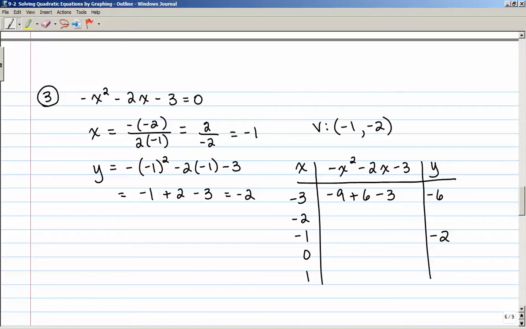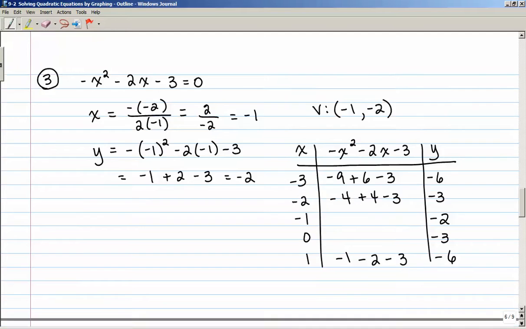Plugging in negative 2. Square it first, that gives me a positive 4, times negative 1 gives me a negative 4, plus 4 minus 3 gives me a negative 3. Plugging in 0, this becomes a 0, that becomes a 0, so I just have a negative 3. And then plugging in 1, 1 squared is 1, times negative 1 gives me a negative 1, minus 2, minus 3 gives me a negative 6.